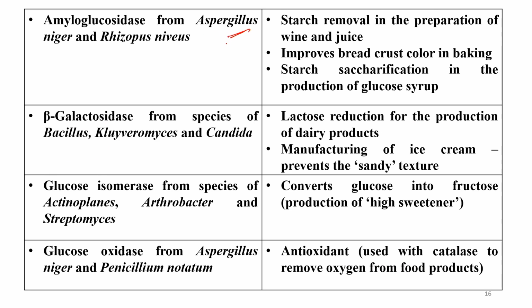Amyloglucosidase is mostly produced by Aspergillus niger. Beta galactosidase is produced from Bacillus species, Kluyveromyces and Candida species. Glucose isomerase is mostly produced from Arthrobacter, Streptomyces and Actinoplanes. Glucose oxidase is produced from Aspergillus niger and Penicillium notatum.